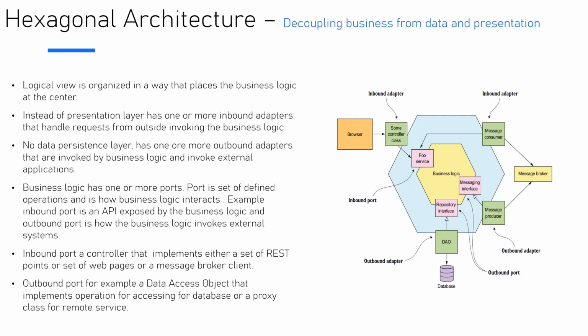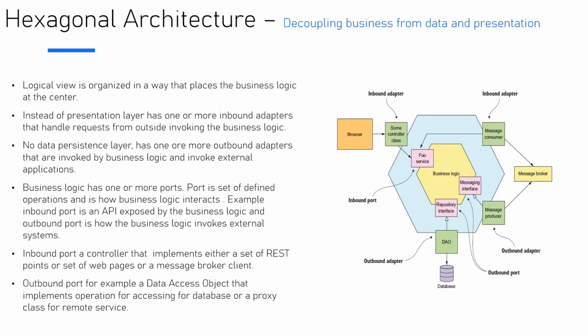Now, the logical view is organized in a way that places the business logic at the center. So that's the whole idea of hexagonal: you have the business logic at the center. The presentation layer has one or more inbound adapters, so you can actually see on the left hand side, that handle a request from the outside, invoking the business logic. The data persistence layer has one or more outbound adapters that are invoked by business logic to invoke the external application.